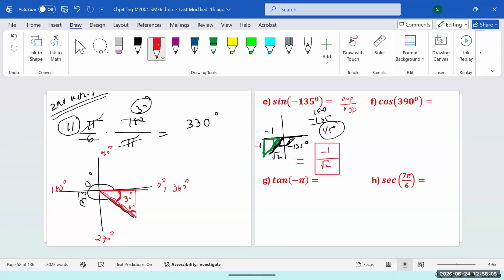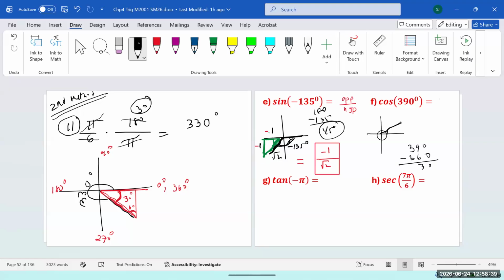Okay, the next one, cosine 390 degrees. Is it more than 360 or less than 360? More than 360. So let's draw our triangle. From here to here is 360. And then how much more do we have to go to get 390? So 390 minus 360, we get 30.